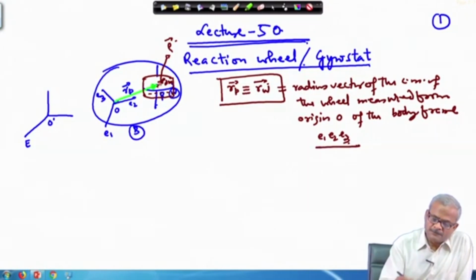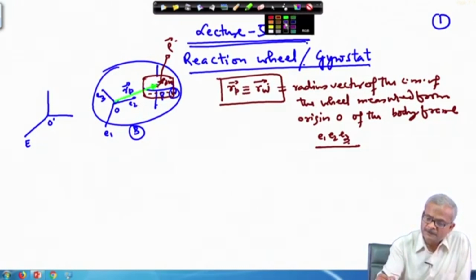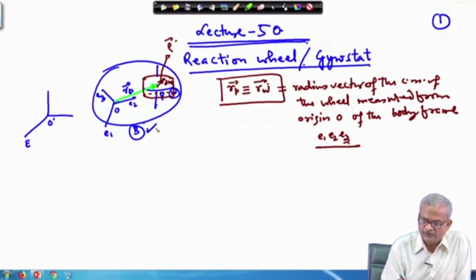Okay. So, we are going to now calculate the angular momentum for these two entities, the main body and the wheel separately. Okay.